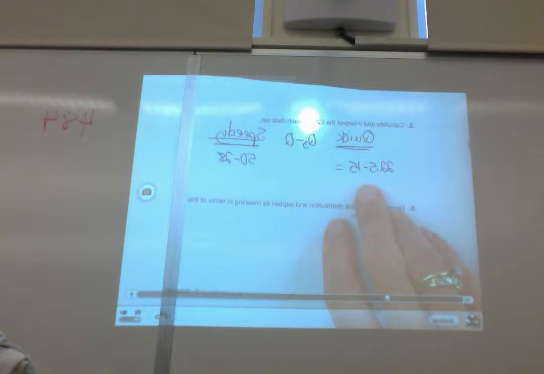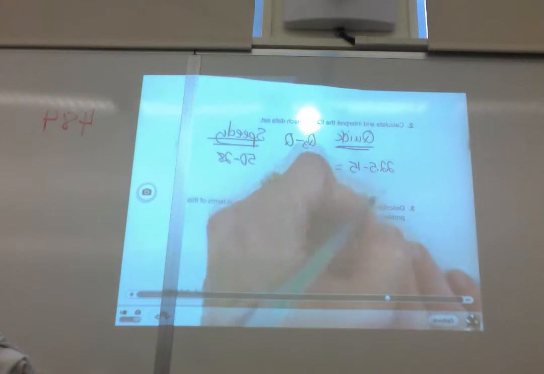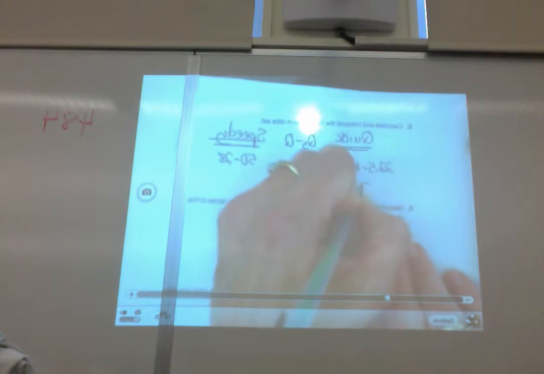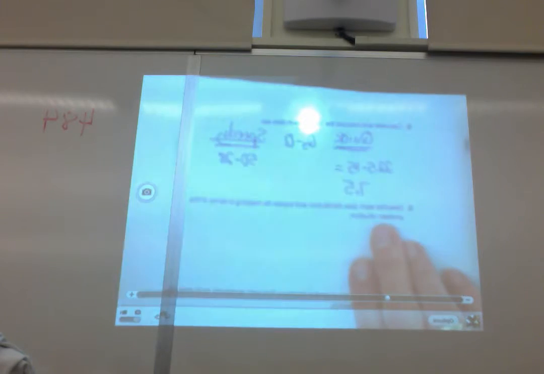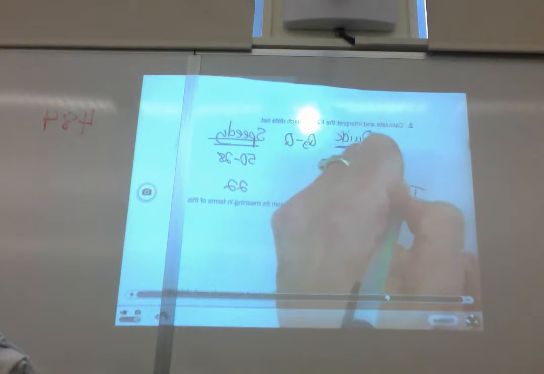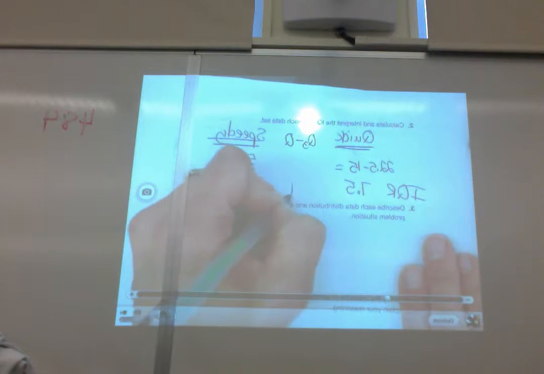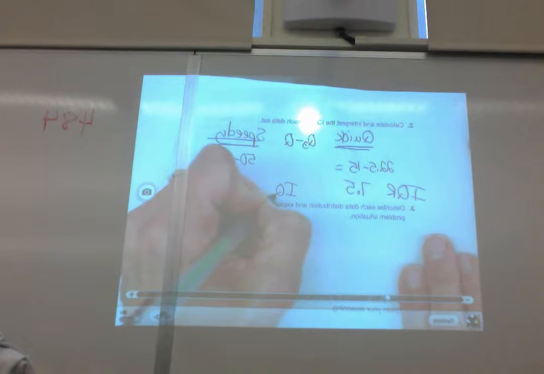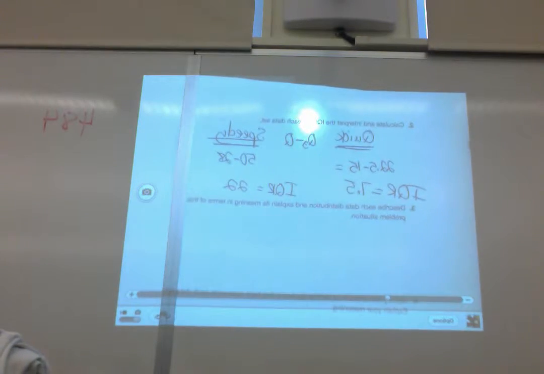So 50 minus 28, you got it already? What is it? 7.5 for quick, and then speedy is 22. That's the IQR. IQR stands for interquartile range. Interquartile means middle quarters.